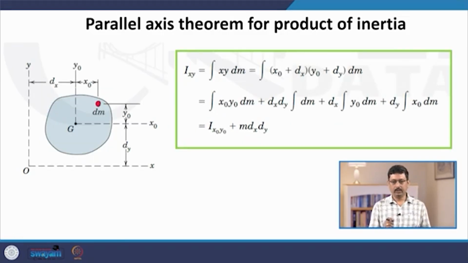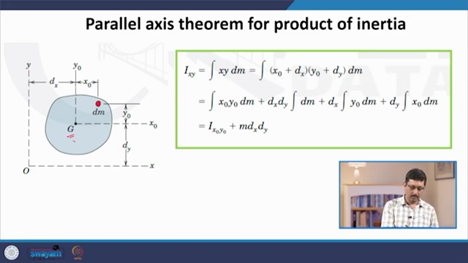Now, for the product of inertia we can apply the parallel axis theorem, which is sometimes useful. Here is how it works. We consider two reference systems.